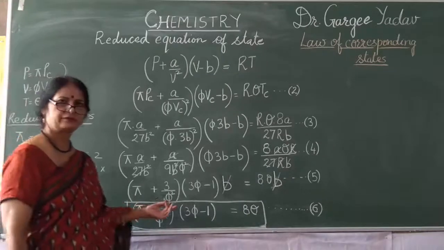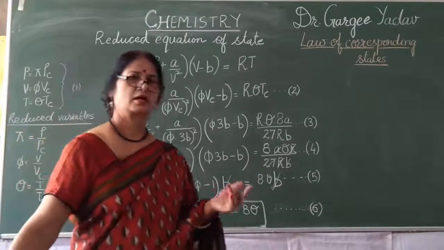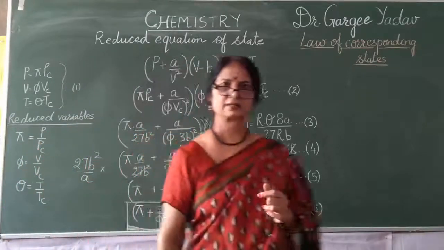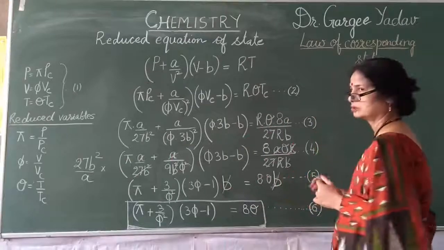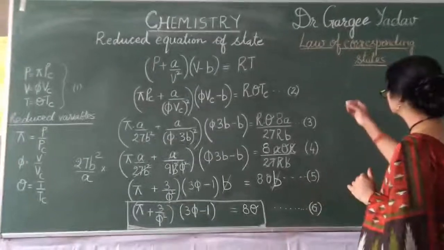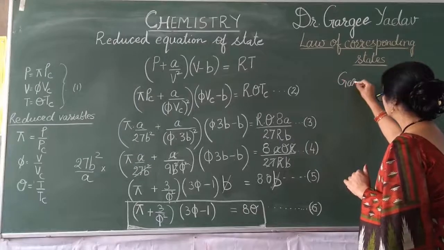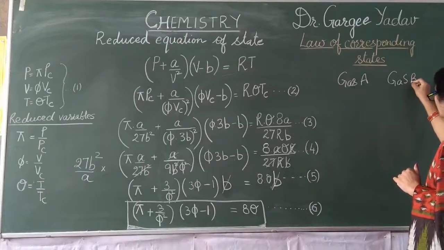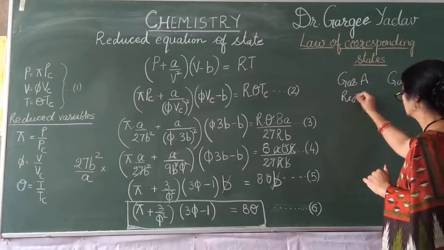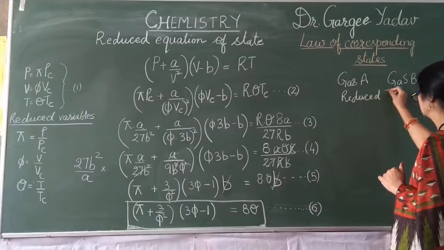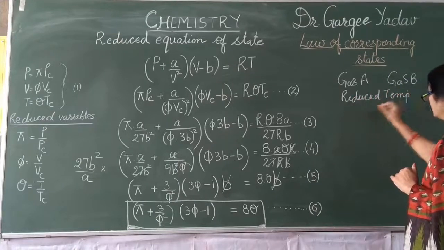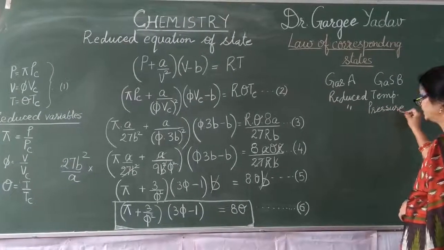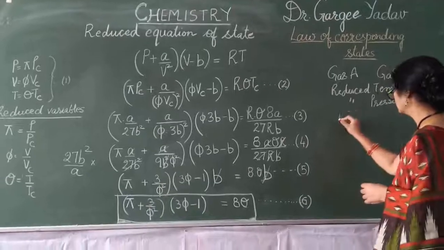So this means that if two gases, two substances are at the same reduced volume and same reduced temperature, then they are at the same reduced pressure also. This is known as the law of corresponding states. Suppose we have a gas A and there is another gas B, and they are at the same reduced temperature and they have the same reduced pressure, then definitely they will have the same reduced volume.